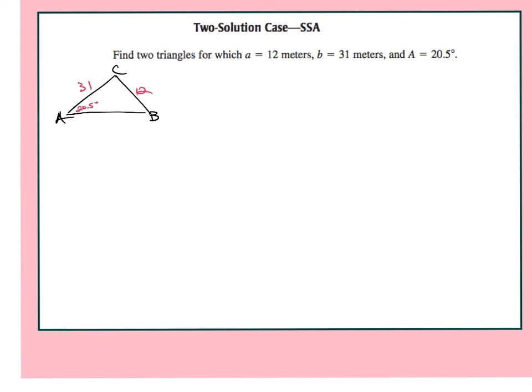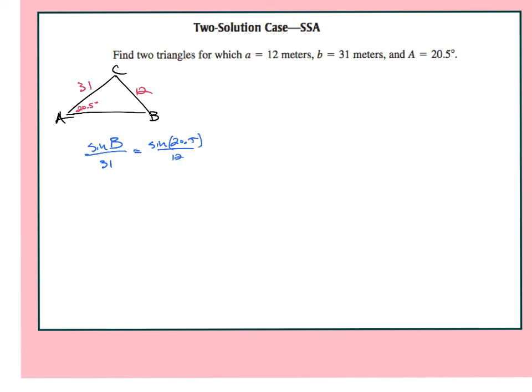All right. Now, just like before, let's do this one. What can we do? We have to solve for what? We have to solve for angle B. So let's do it. So I would have what? What would be my extended proportion? Sine of B over 31, which is equal to sine of 20.5 over 12.